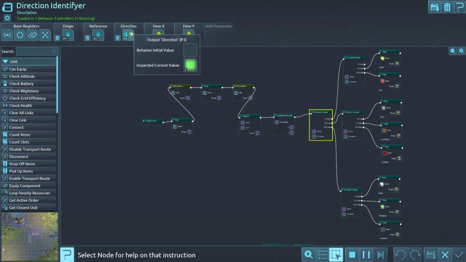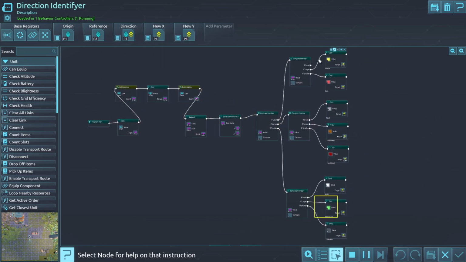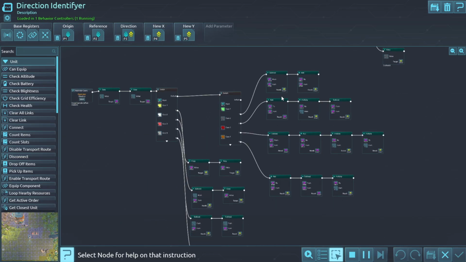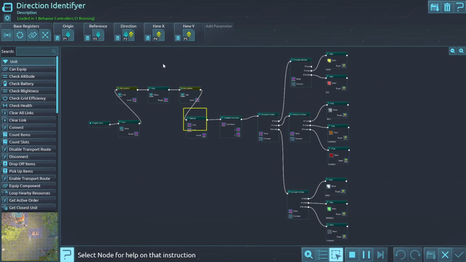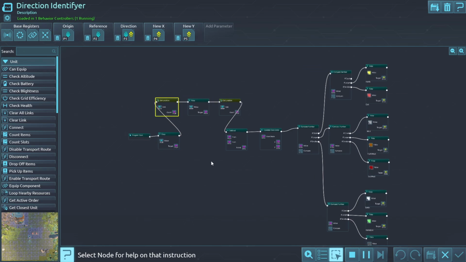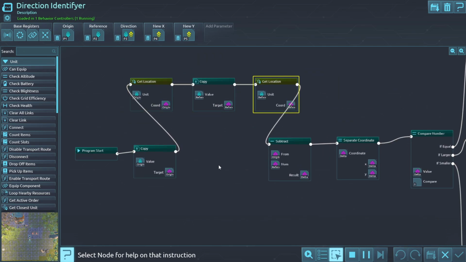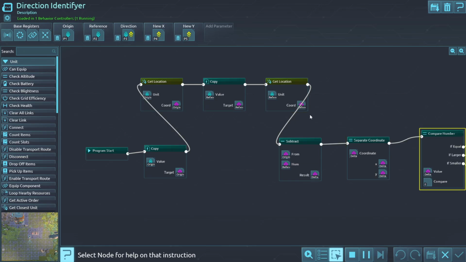And then it has one output that just tells you what the direction is. These other two outputs are actually for this down here. So while we're talking about just the directional behavior, we only need to look at these first, right? We've got our 2 inputs and our 1 output. So let's take a little bit of a look here. Now I've got some extra nodes in the beginning of this that I'm using as a way to safeguard against inputting the wrong thing.